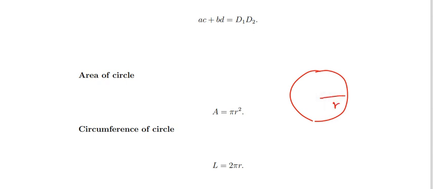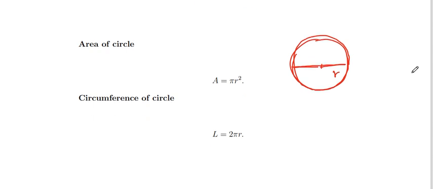And the circumference of the circle is 2 pi r. We also call r the radius, and this is the diameter.